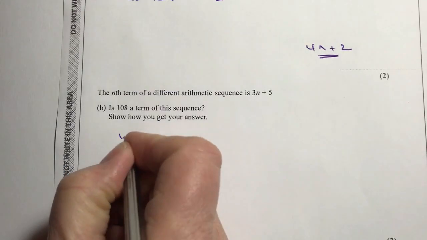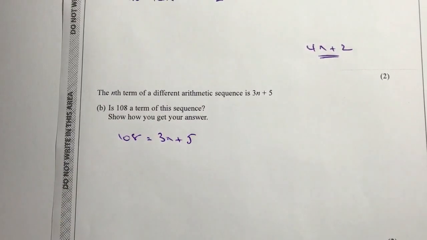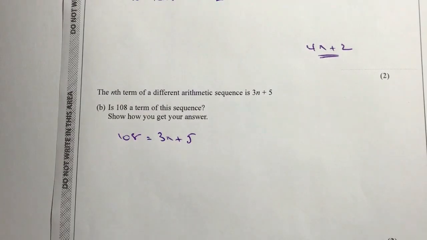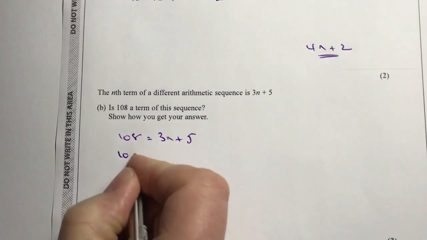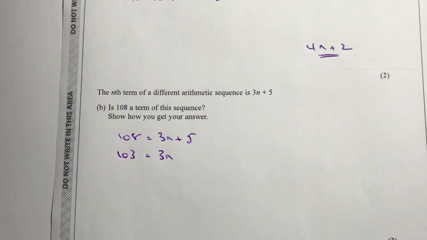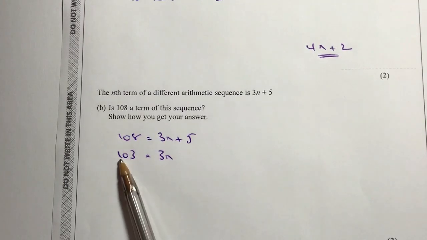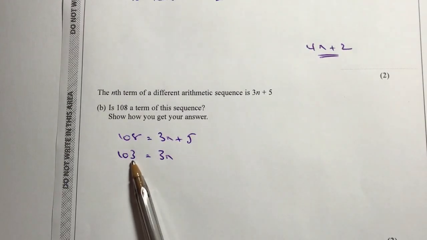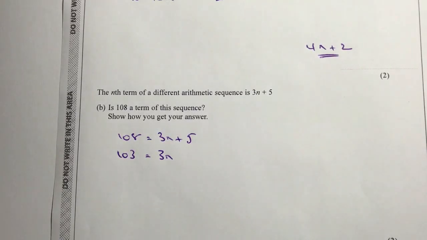So if we say 108 equals 3n plus 5, I now need to find the value of n, in other words, the place that it is within the sequence. Well, if I take 5 away from both sides, I get 103 equals 3n. And one of the tricks I've used before is that if these digits add up to a multiple of 3, then it means you can divide by 3. Well, in this particular case, they don't, so you can't divide by 3.